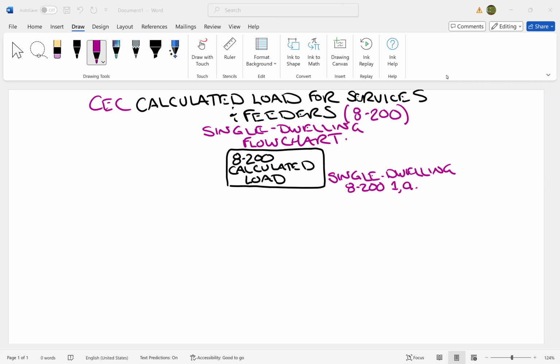But Rule 8-200, 1A here, don't use the basement, unlike in 8-100. So don't confuse 8-100 with 8-200. Don't use the basement in this floor space calculation.